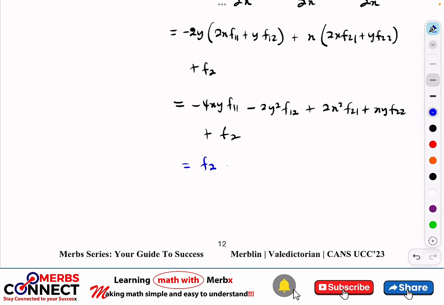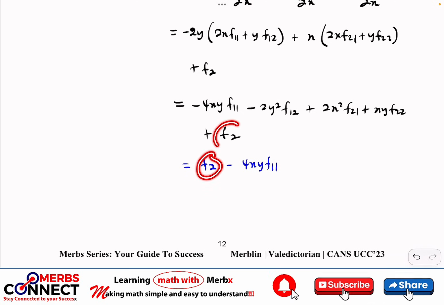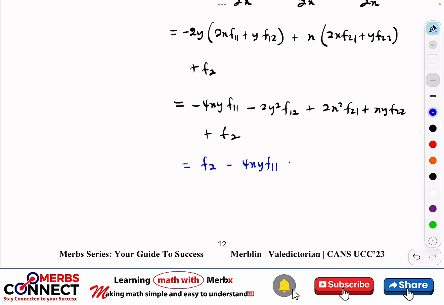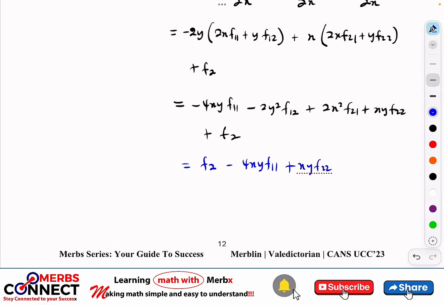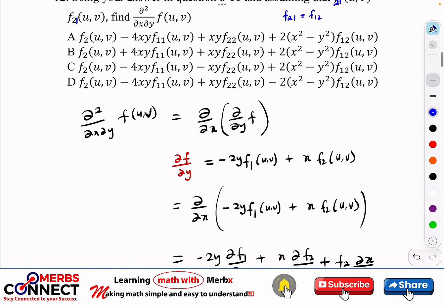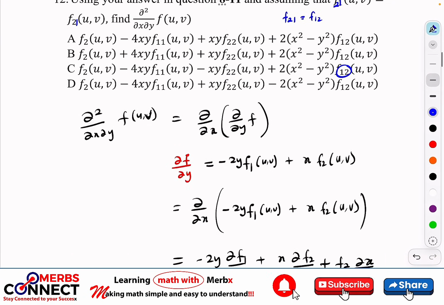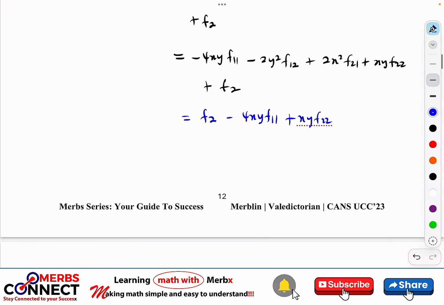F2 minus 4xy F11. So F2 minus this, and then this and this. So let me write this one again, plus xy F22. Then this is the same as this. So I'm going to replace one of them. Which one did they use in the solution? They use the 1, 2, because 1, 2 is the same as 2, 1. So we are assuming that this is also the same as F12.